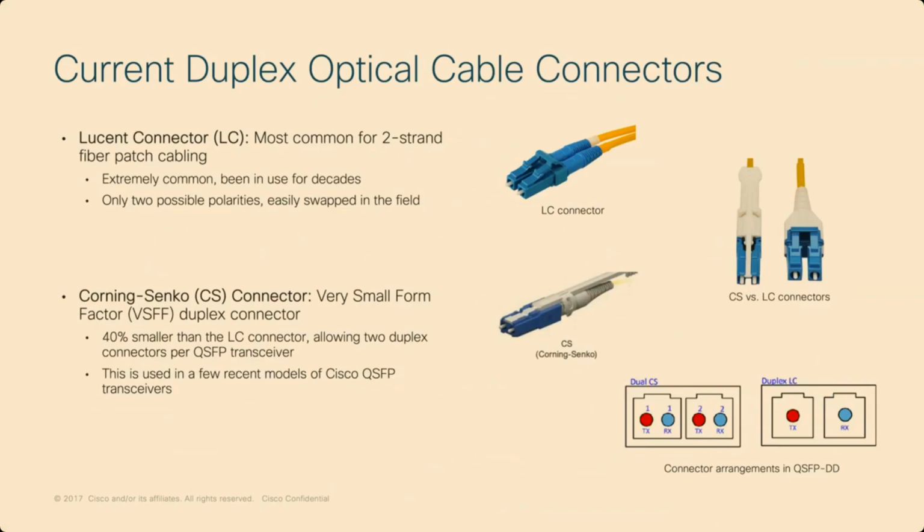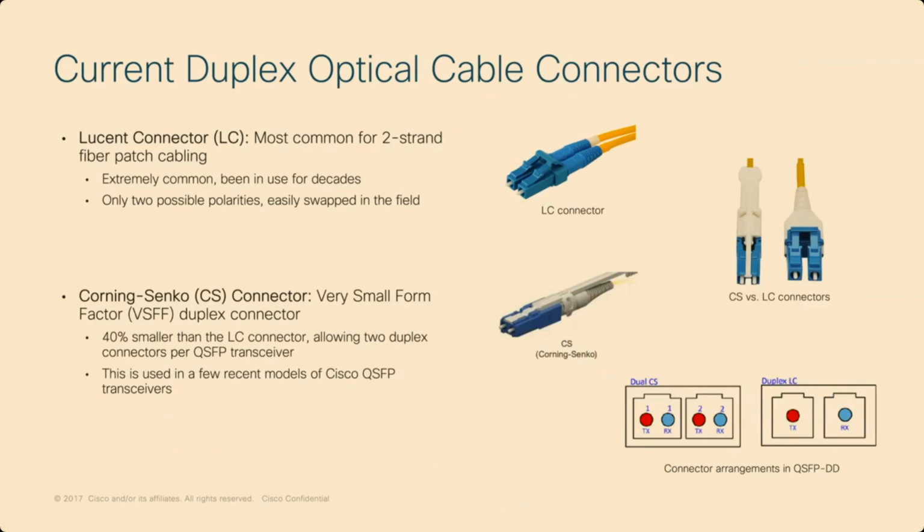So when we're dealing with the cables, the most common set of cables out there is going to be the duplex cable, which is literally just 2 strands of fiber, each one being wrapped up in a separate sleeve. And the most common connectors that you're going to see are going to be the LC connectors, or what's referred to as LC.